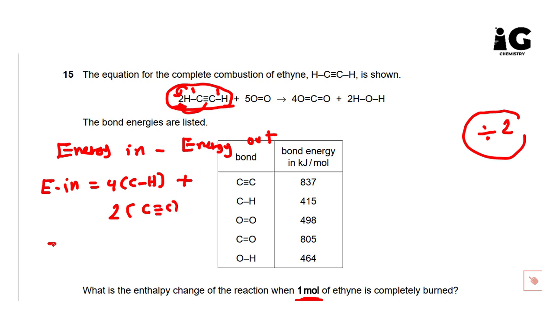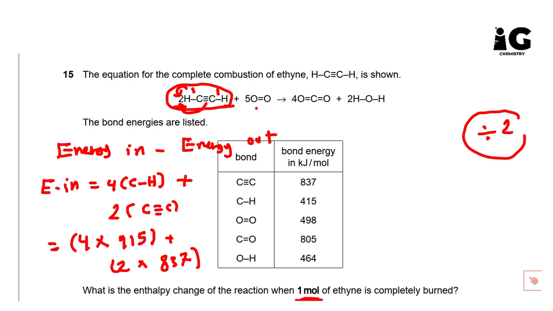So we need to substitute. So 4 times, and here C-H from the table, this is 415. Everything plus 2 times C triple C, so the value here is 837.